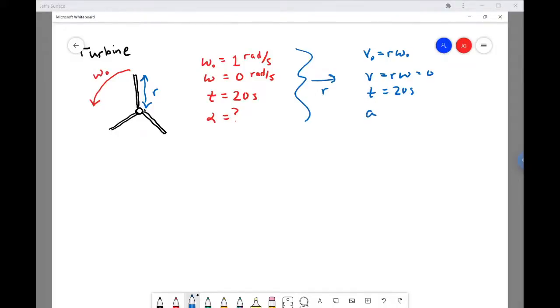And then the acceleration is going to equal r times alpha. So just the r is the proportionality constant between these angular, rotational quantities and these linear quantities. So here, the v that we calculate here would be what I was referring to earlier as tangential quantities.